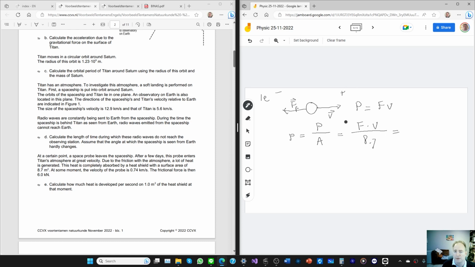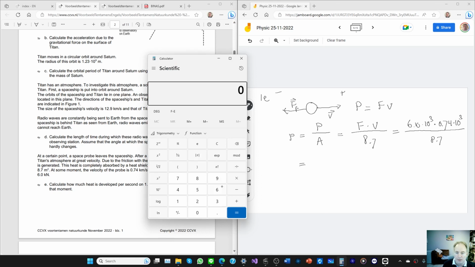Okay, now let me substitute them here. 6.0 times 10 to the power 3 times 0.74 times 10 to the power 3 meters per second divided by 8.7 meters squared.